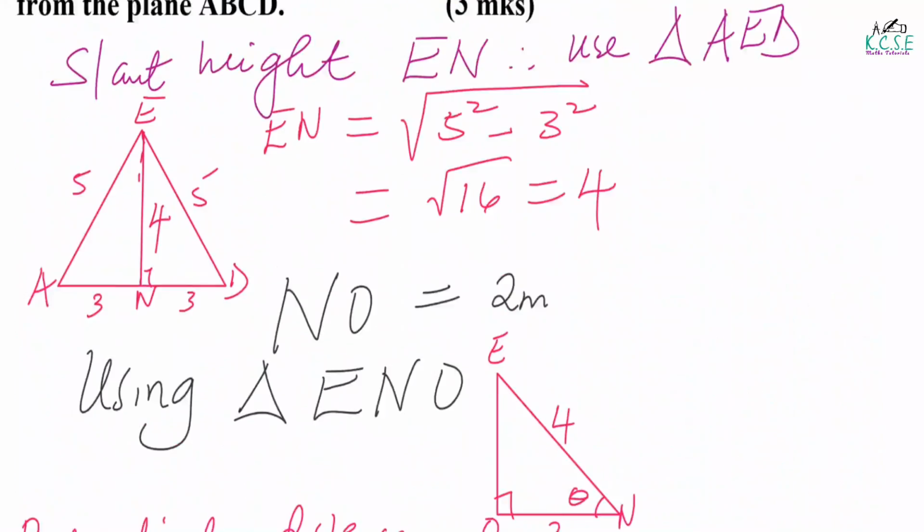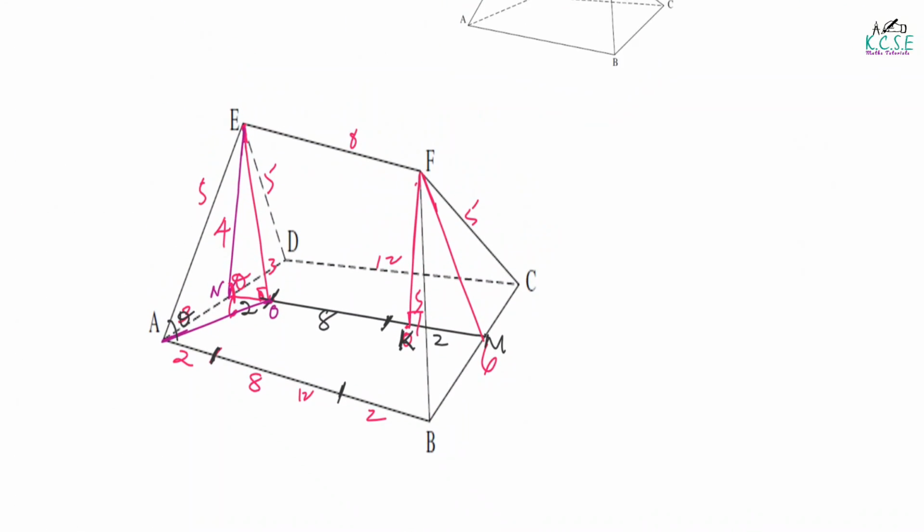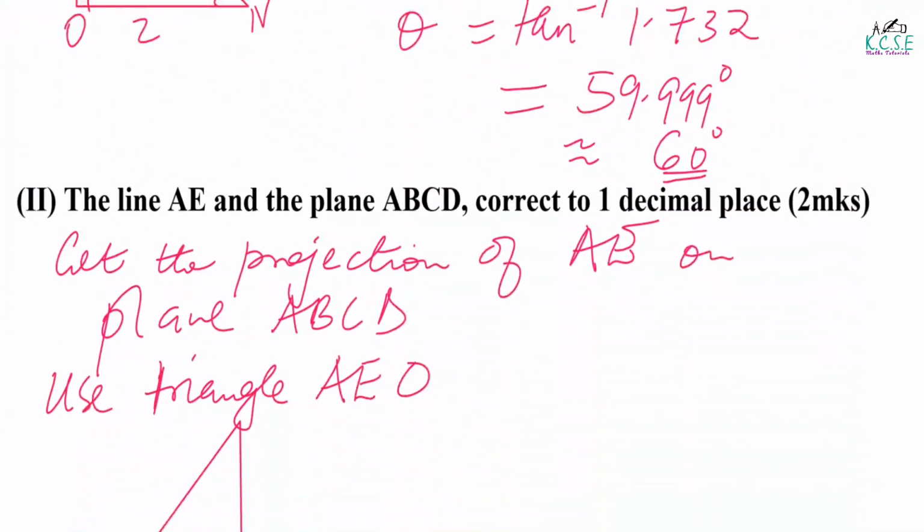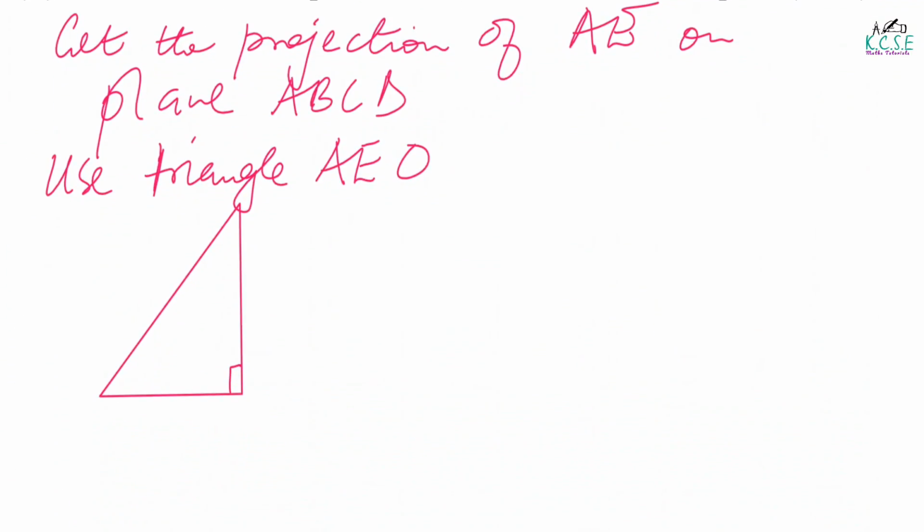It is right angle at that point. So A is there, E is there, and O is there.